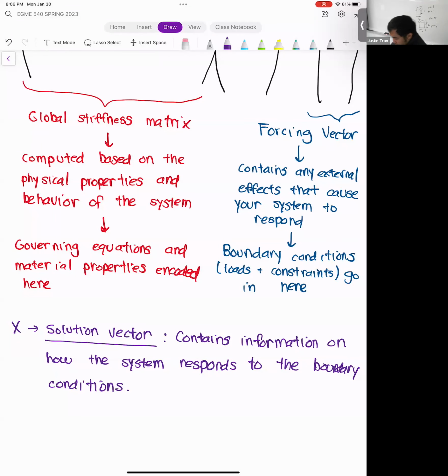All right. Of course, the next step in this process, once you assemble the system, which is kind of an ordeal, is to actually solve it.